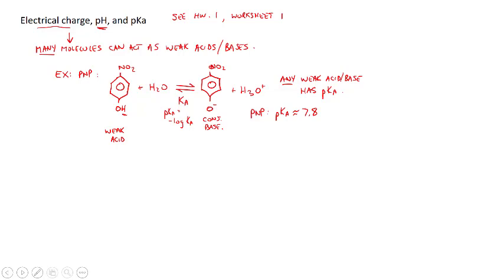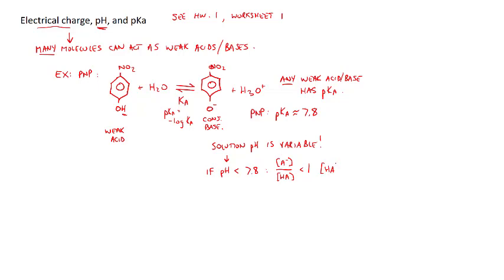Okay, big deal. What does that tell us? Well, it tells us something that's rather important. So remember, solution pH is variable. So that means that if our pH is less than 7.8, that means that our concentration of conjugate base over conjugate acid is less than 1.